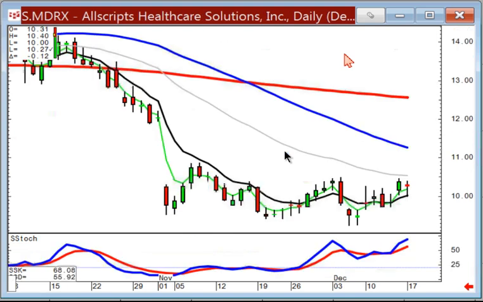MDRX. Again, here's the little clue that this may be a strong chart. Look where they back this off to today. Right smack dab to the T line and took it back up. If they open this positive, what do we got going? Pretty much breaking out through this level.